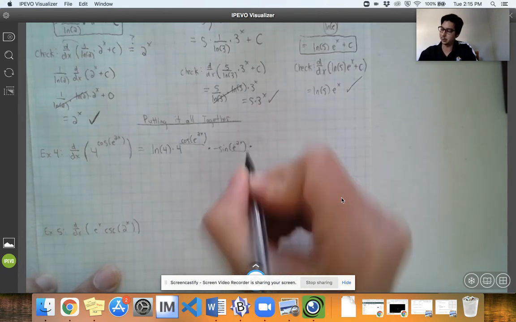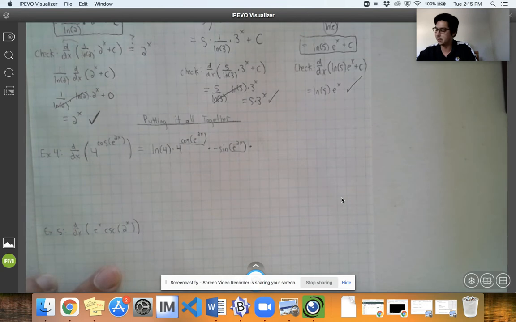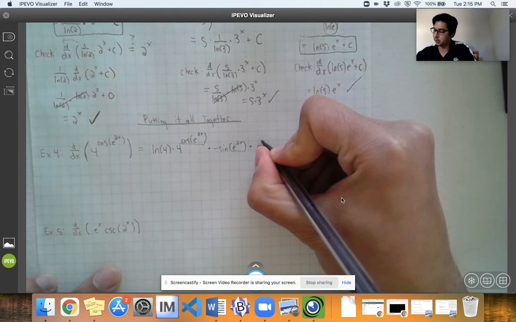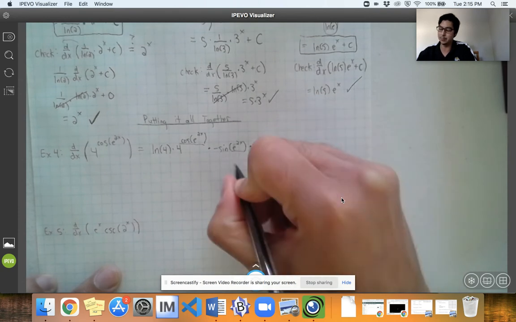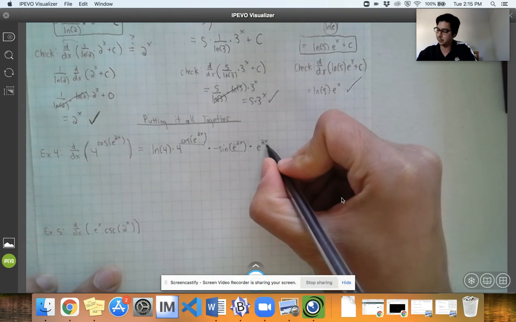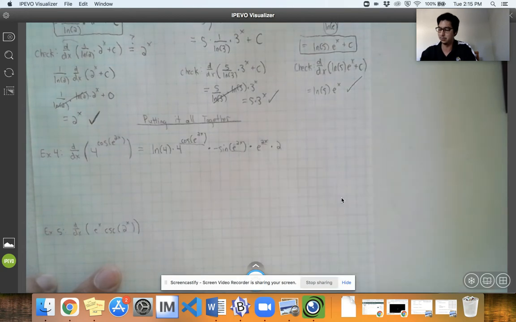And now we're looking at the derivative of e to the 2x, which is e to the 2x. I didn't put the natural log because it's e, but then because of chain rule, we take the derivative of the 2x, which is then 2. So there's a lot of chain rules there.